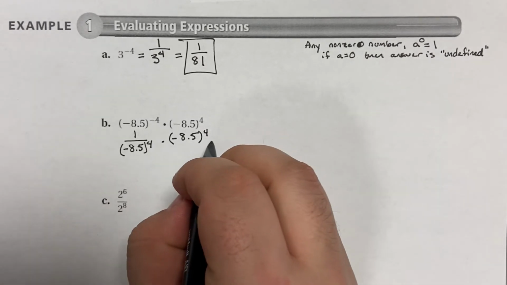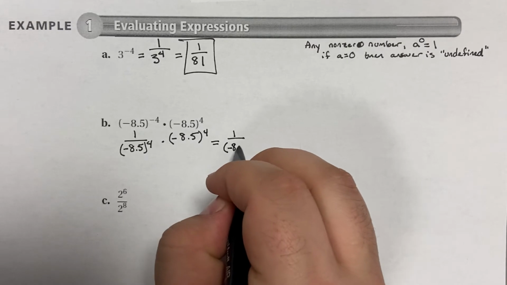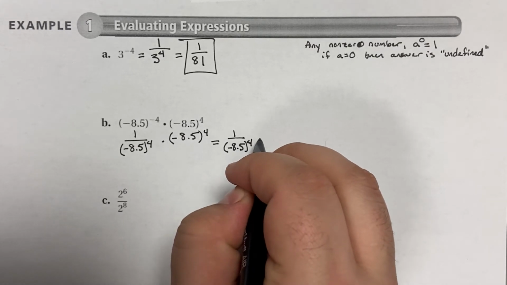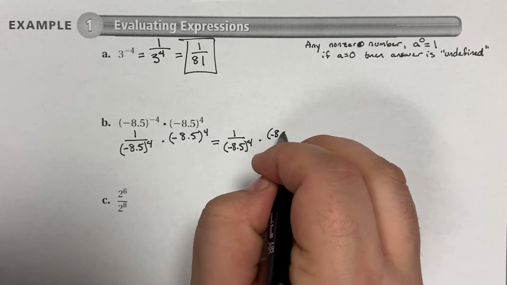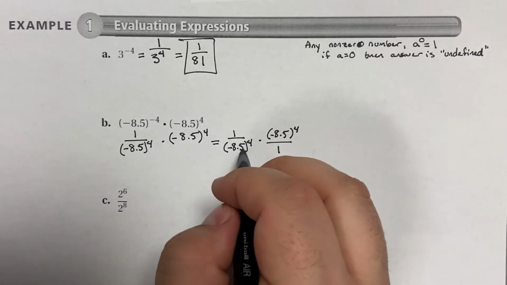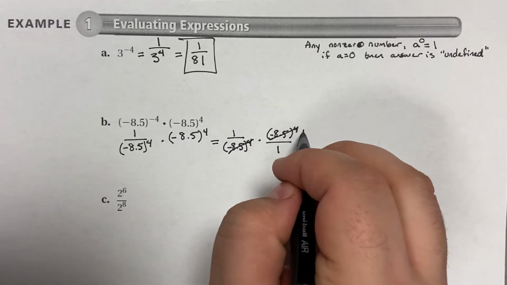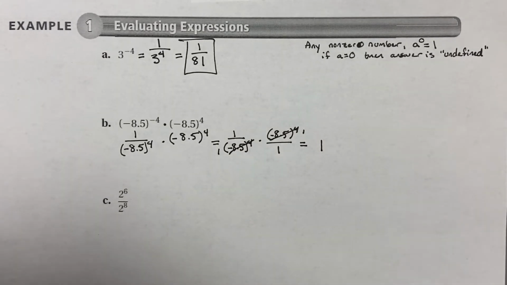We could go through and solve that and say that's the same thing as 1 over negative 8.5 to the 4th times negative 8.5 to the 4th over 1, and these would cancel and be 1, so this is equal to 1.